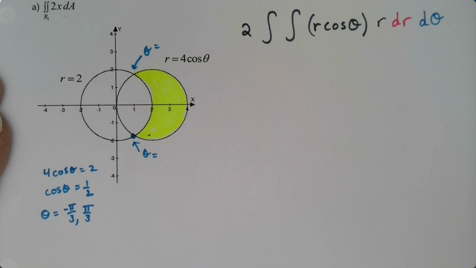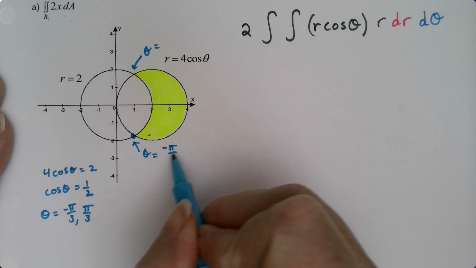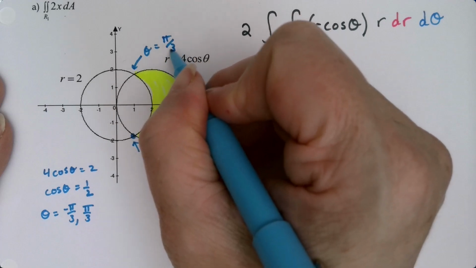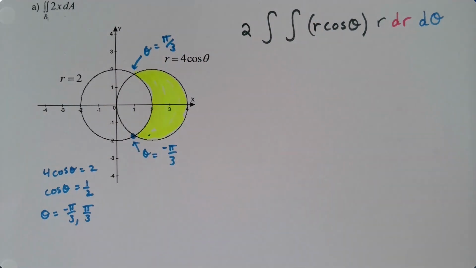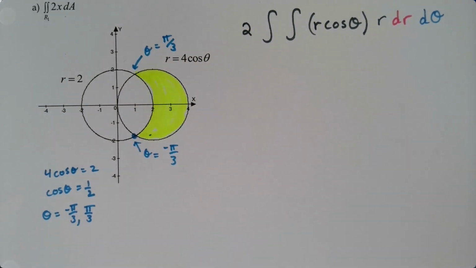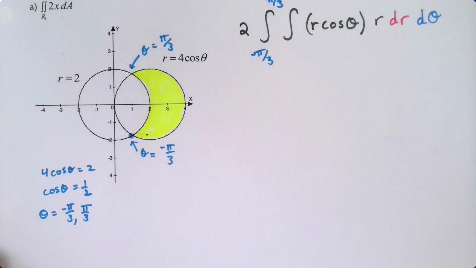Or if you will, it's 5 pi over 3, but we want to go from here to here. So this is negative pi over 3 here, because we need to sweep through and end up over here. Using 5 pi over 3 would not help me, so I need to start in the negative and work my way to the positive. So I'm going to go from negative pi over 3 to pi over 3. Those are my theta values.